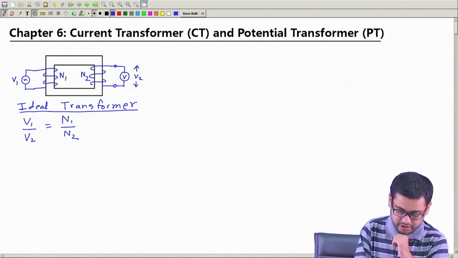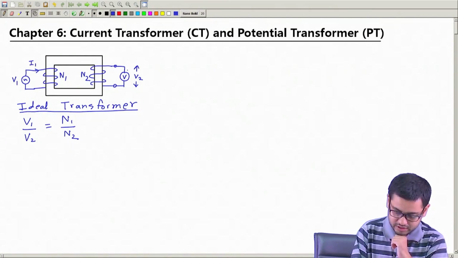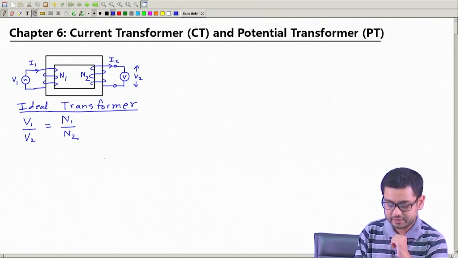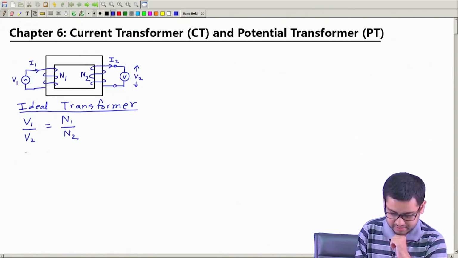Also, if the current that is flowing in the primary coil is I1, and any current I2 flows in the secondary, then the relationship between I1 and I2 is the opposite: N2 by N1.